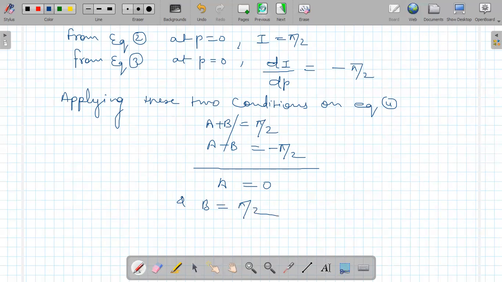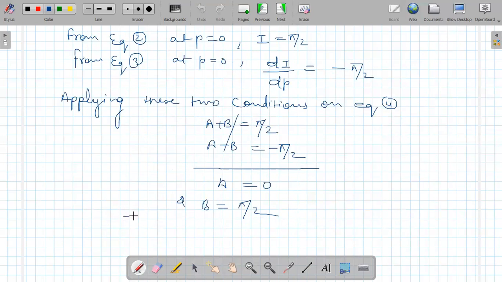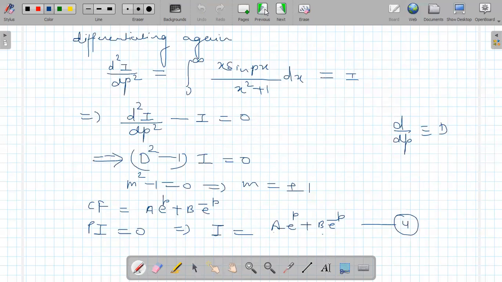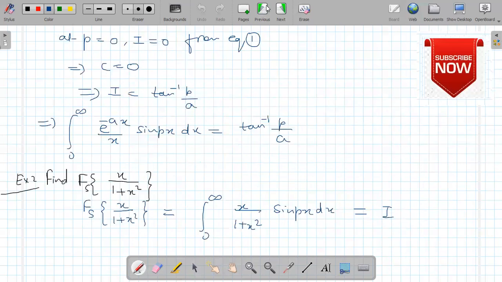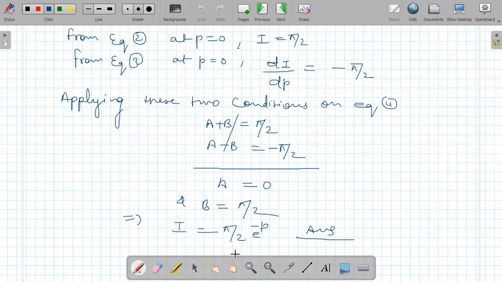So we have the value of I is pi by 2 e raised to the power minus p, and this is the answer. आपको I ही evaluate करना था क्योंकि आपने इसको I माना था, इसलिए I की वैल्यू हमें फाइंड आउट करनी थी. दैट इज pi by 2 raised to power minus p.